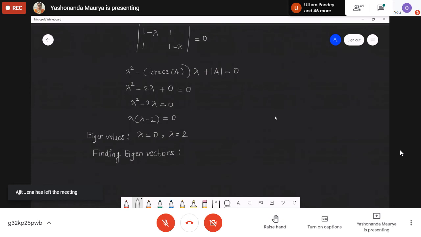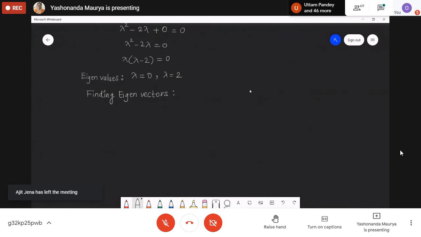For finding the eigenvectors, we need to solve this equation, (A minus lambda I) multiplied by x is equal to 0. Therefore, what we get is 1, 1, 1, 1 minus lambda, put in the matrix form.